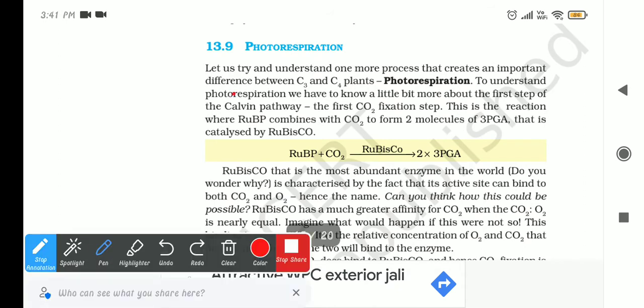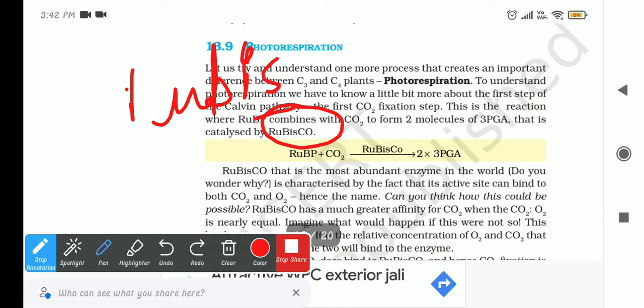It creates an important difference between the C3 and C4 plants. To understand, we need to learn that the first step of the Calvin cycle pathway is the first CO2 fixation. This is the reaction where RuBP combines with CO2 to form two molecules of 3-PGA, catalyzed by the very famous enzyme, rubisco.